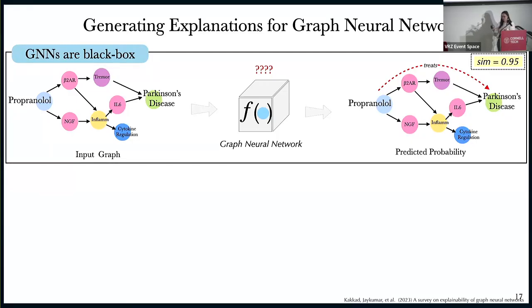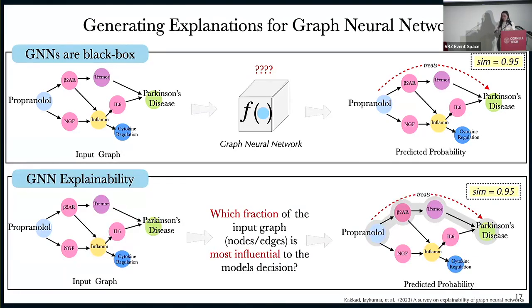We take it to the GNN model that you trained, and you know that they are connected by a certain probability, but you don't really know why, right? So the graph community has been really interested in developing explainable models that allow you to identify the most important connections. So in our case, we want to identify which of the connections that we have are explaining this probability that we are getting from the GNN model.